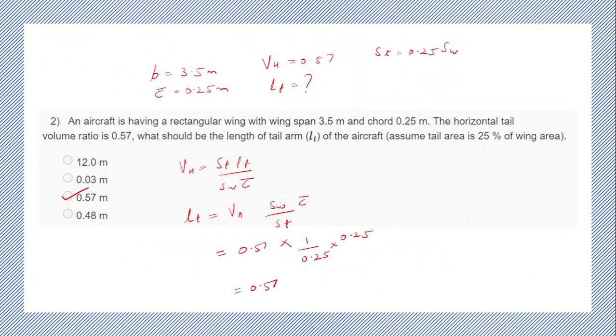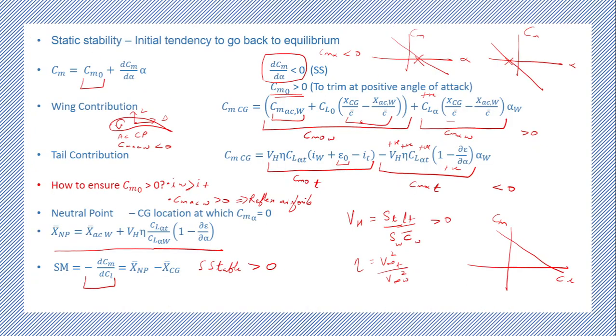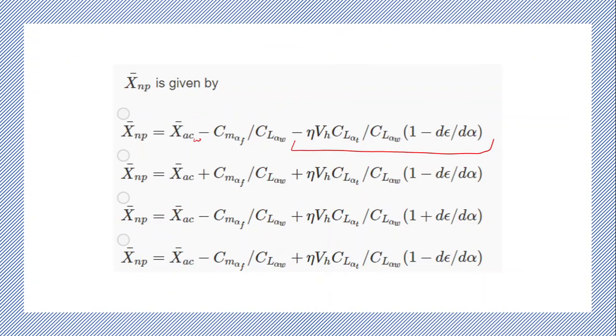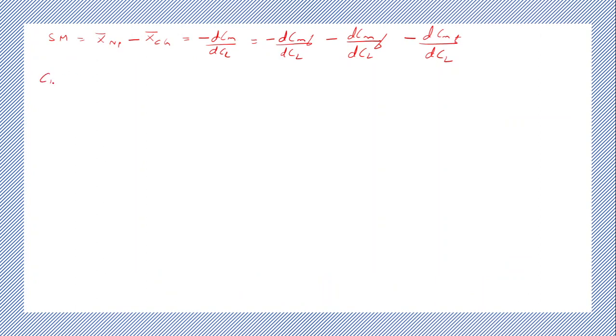So where was the main equation? Okay, so for this wing equation, this is the contribution of the wing. If you were to do dCm by dCl, what would you get? You would just get this moment, right? Let me just write that down again. So Cm for the wing is nothing but Cm acw plus that moment, that is x bar cg minus x bar ac into Cl.